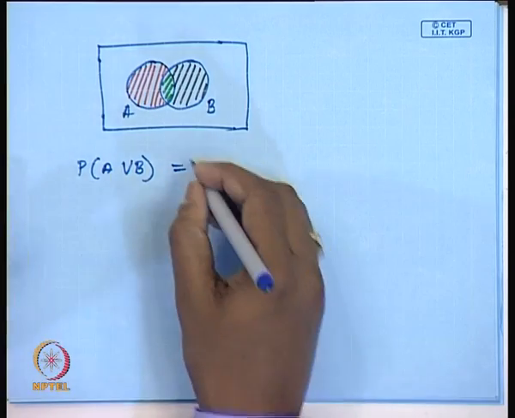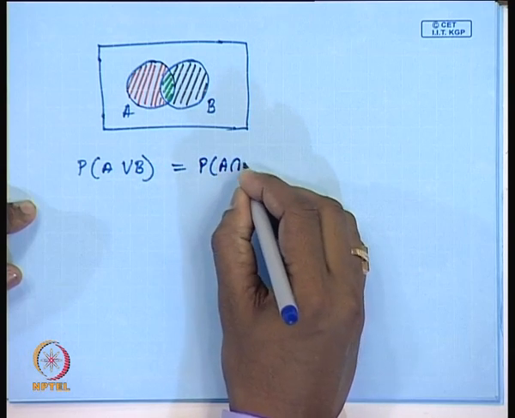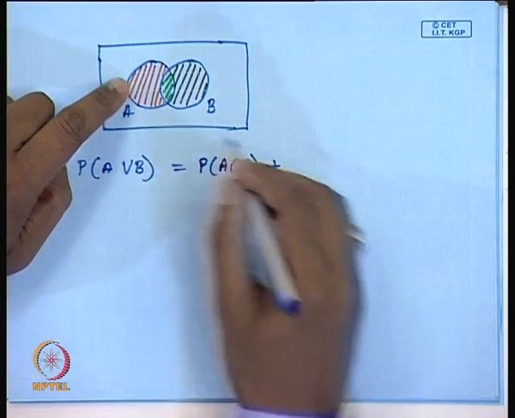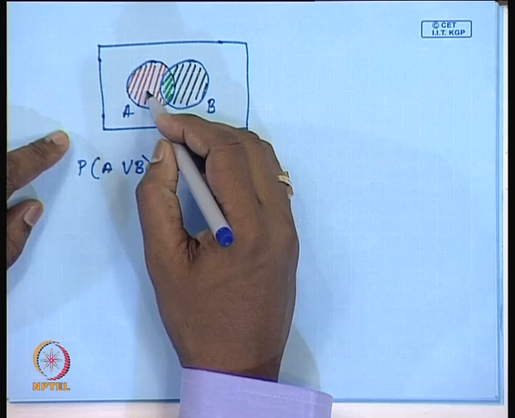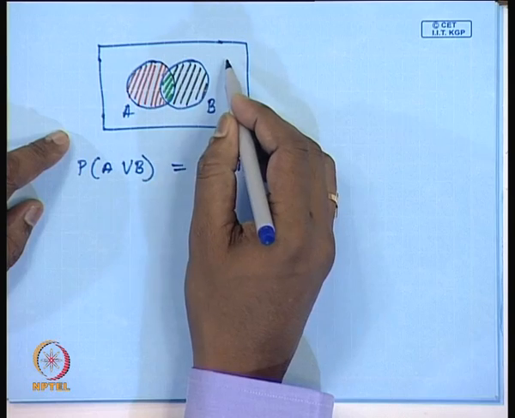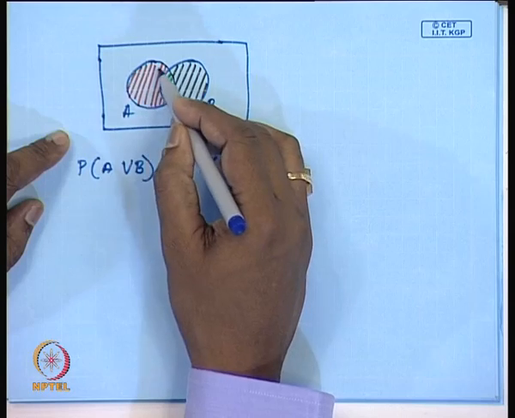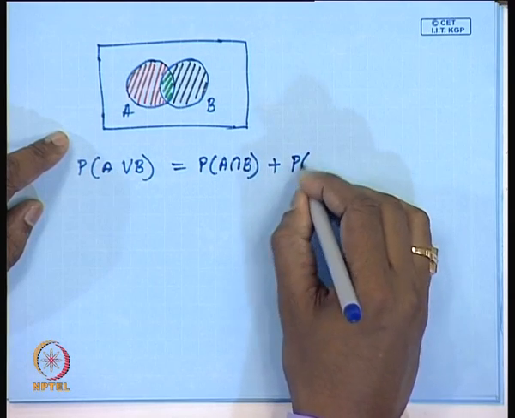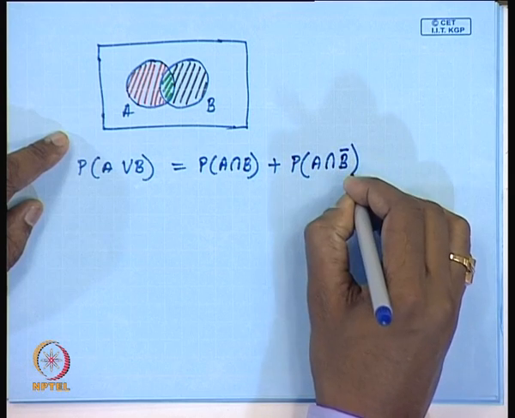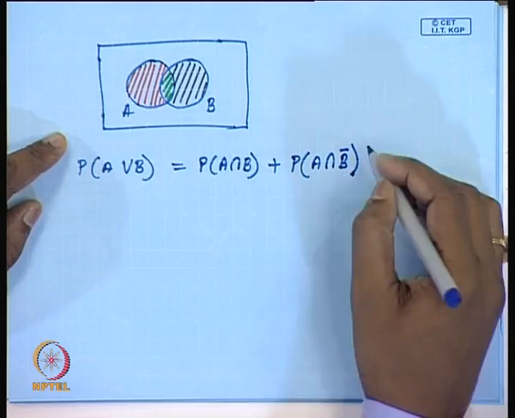Then what we are getting is the middle one, that is the intersection part, probability of A intersection B, plus the first area, which is nothing but the intersection of B complement, that is outside B, with the event A. So this will give you this red shaded area, which I can write as probability of A intersection B complement.